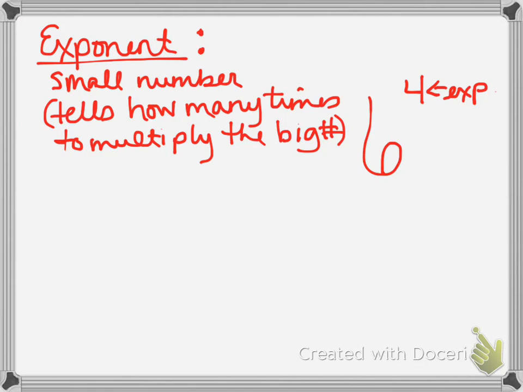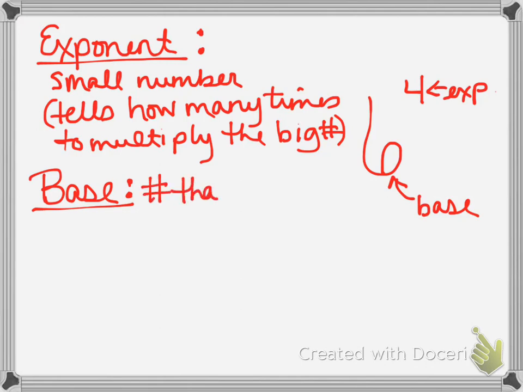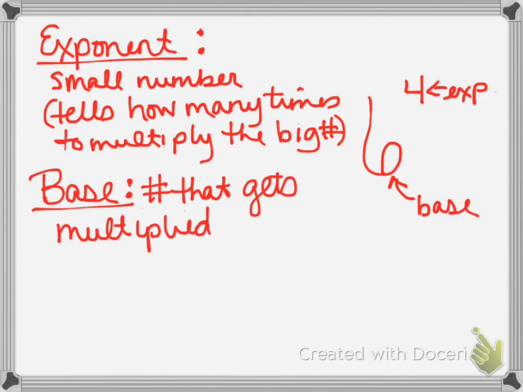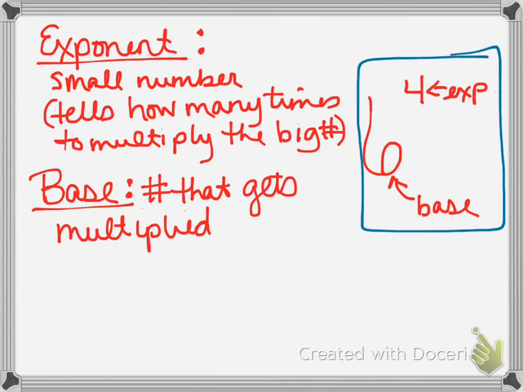And that brings me to my next definition, which is a base. So this big number is the base. And that is going to be the big number I was talking about in the exponent definition. So that is the number that gets multiplied. Now this whole entire thing is called a power.